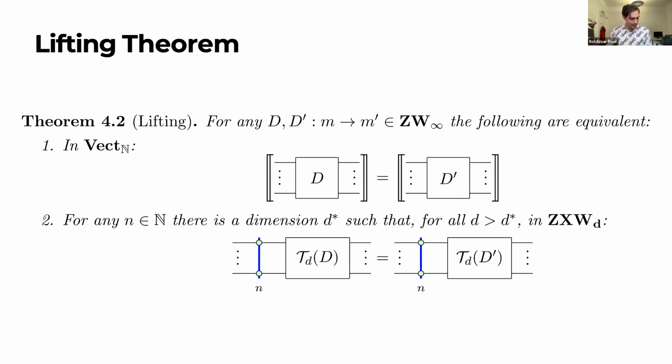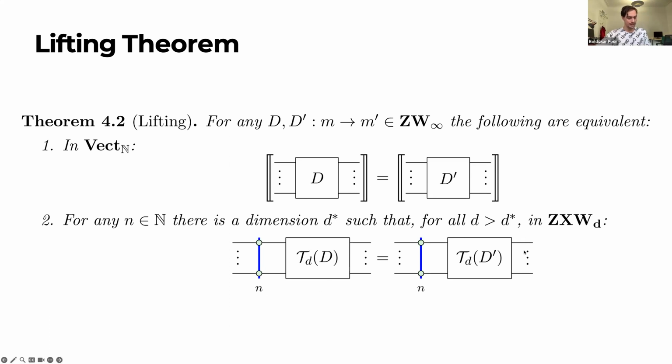For any n, if we restrict the inputs to only n number of photons, here just a quick notation, this means that there can be only n number of photons coming in. It's the same as the d-dimensional, but now we can set it to be n. Again, if you restrict the input to be n photons at most, then there is a large enough d such that the truncation of the above diagrams are equal.